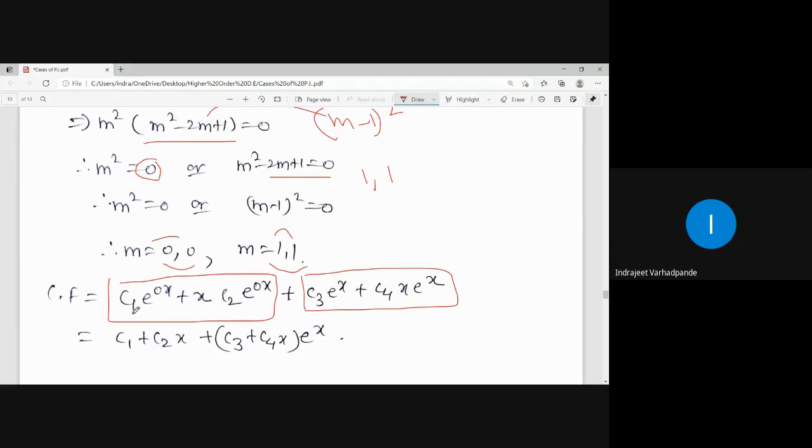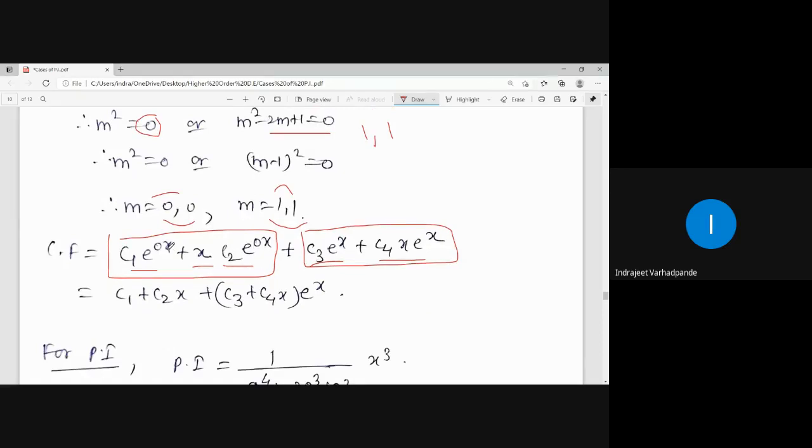So c1 e^(0x) + x c2 e^(0x) + c1, c2 are over, so we take new arbitrary constants, c3 e^x + c4 x e^x. Now e^(0x) is simply 1, so I write c1 + c2 x, plus what can be taken common from these two? e^x.